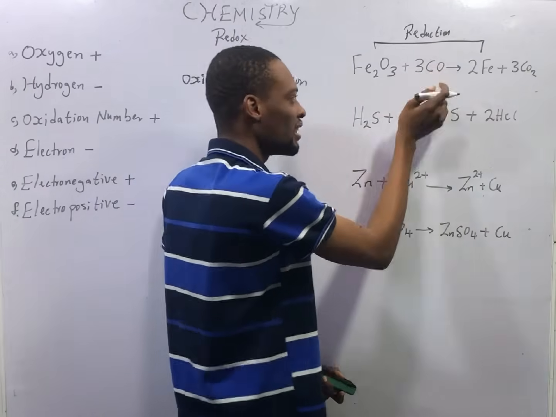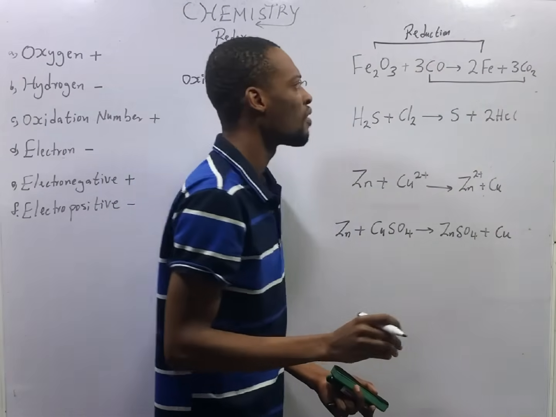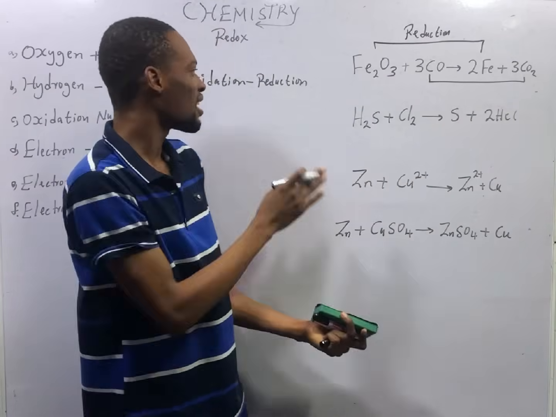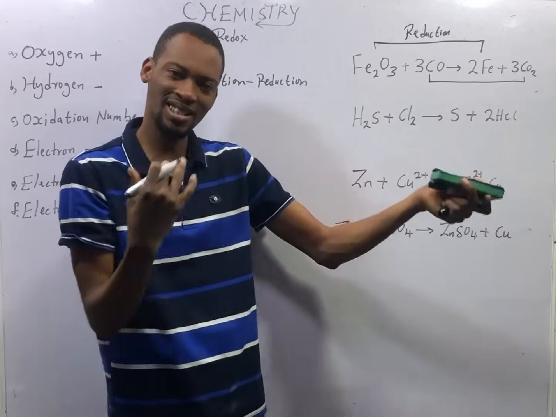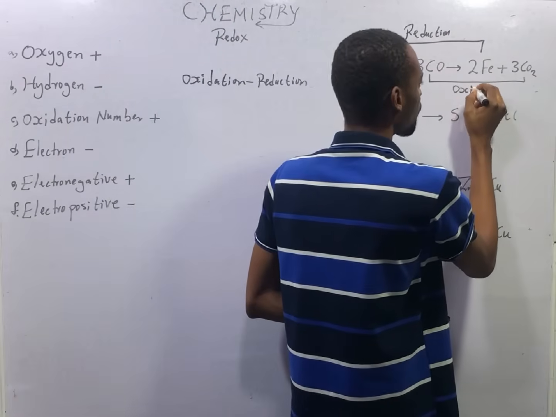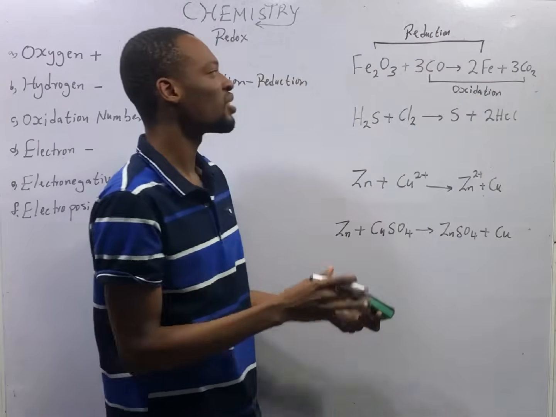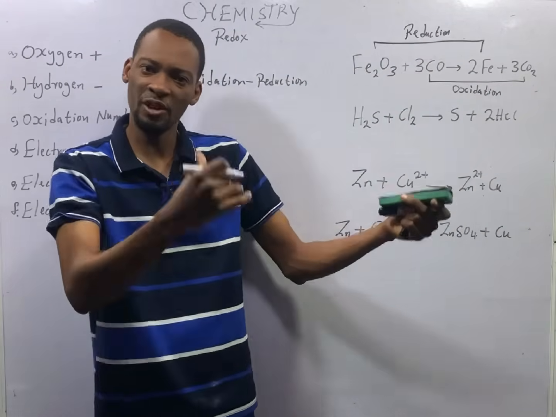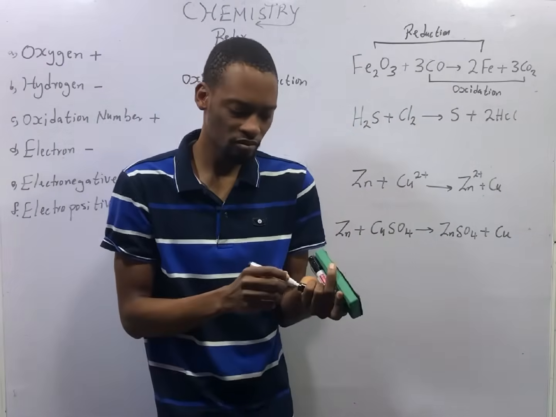From this reactant side to this product side, what do you notice? The number of oxygen has increased. And what is addition of oxygen or increase in the number of oxygen? That is oxidation. So in this equation, you see that oxidation is taking place and reduction is taking place. This is a redox reaction.